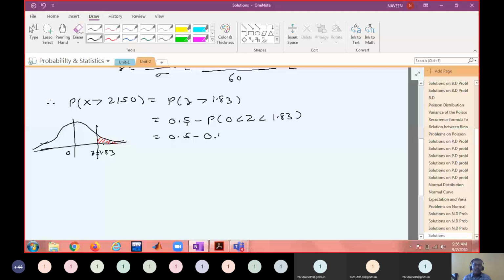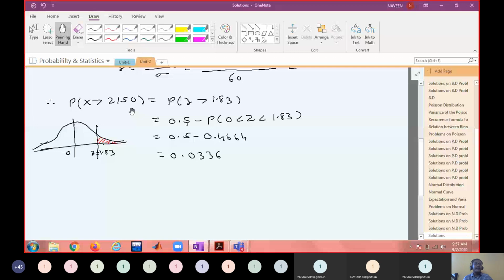So 0.5 minus 0.4664 is 0.0336. This is the probability that the lifespan of a computer is more than 2150 hours. That means there is about a 3% or 3.5% chance that the lifespan is more than 2150.